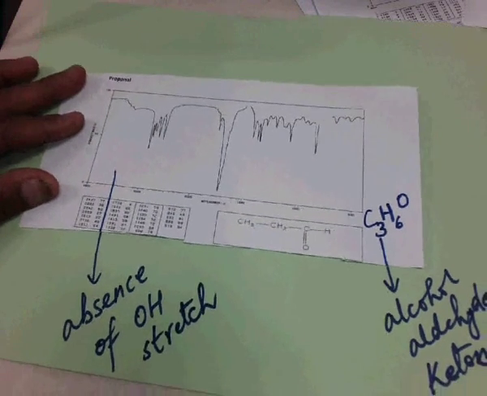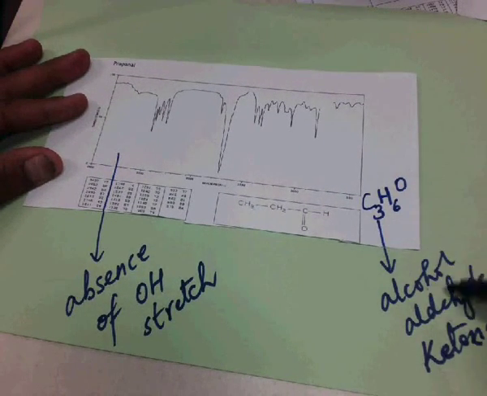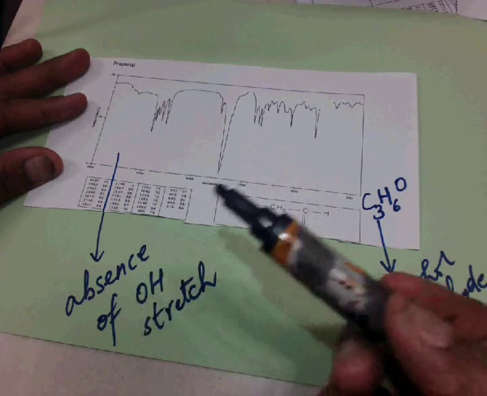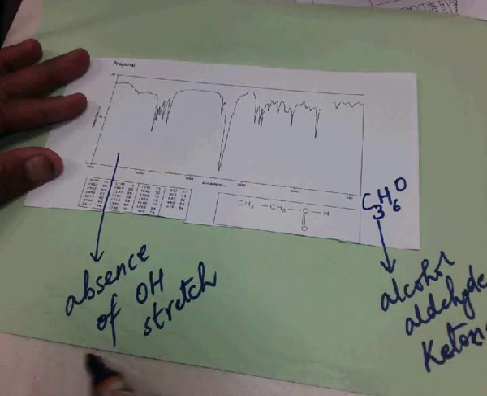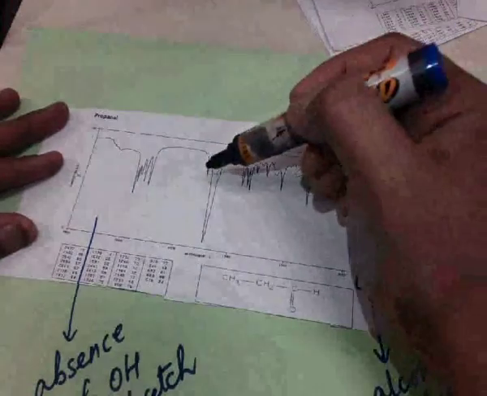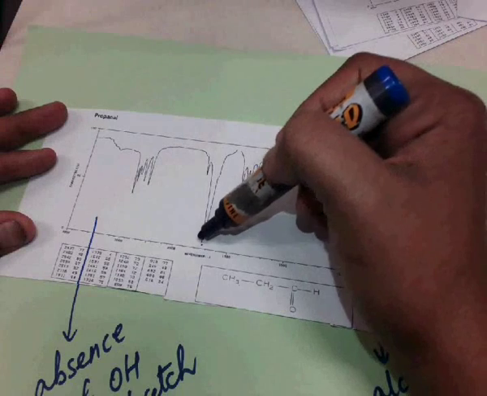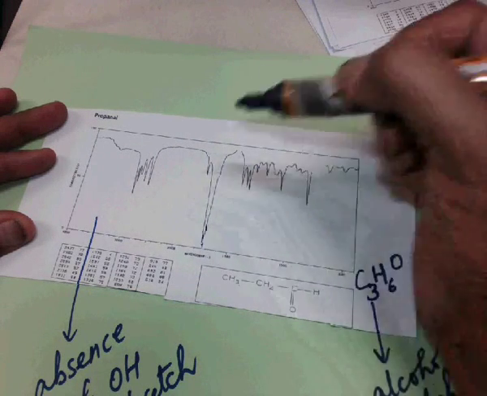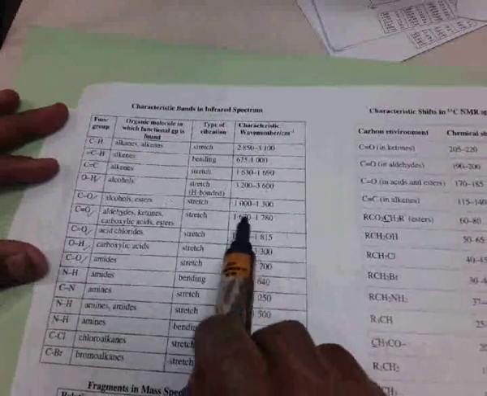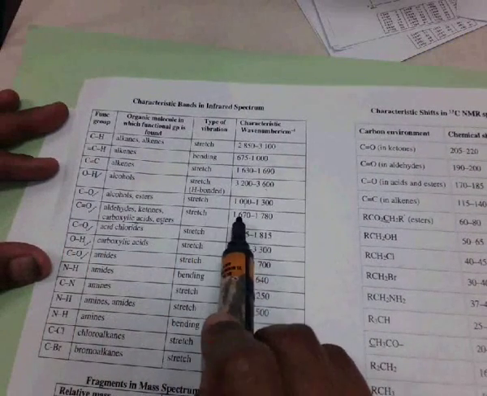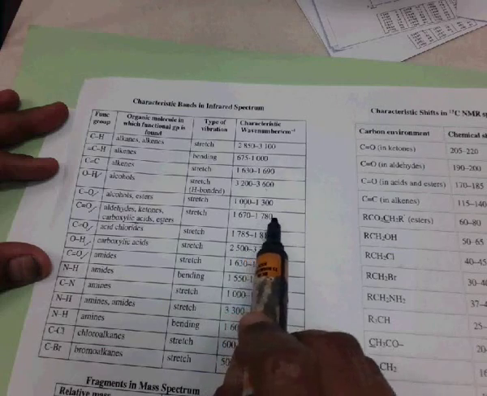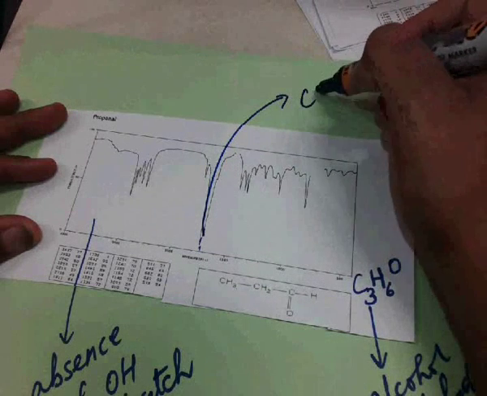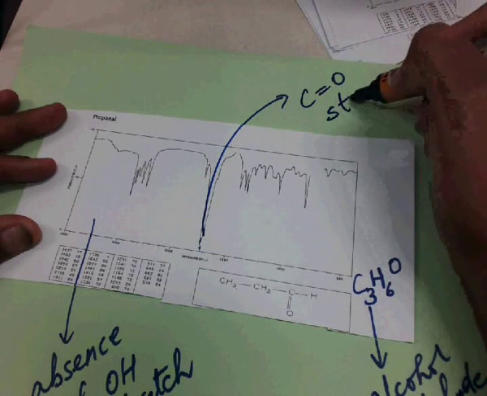So you first narrow down which functional groups it could be, then you talk about the absence of, you're kind of ruling out possibility. So it's definitely not an OH group, but what you do have is this very strong peak around 1700 or 1800. So that corresponds to the C double bond O stretch, which is 1670 to 1780. So that corresponds to the C double bond O stretch.